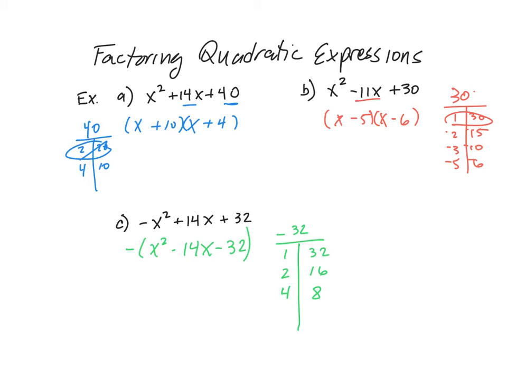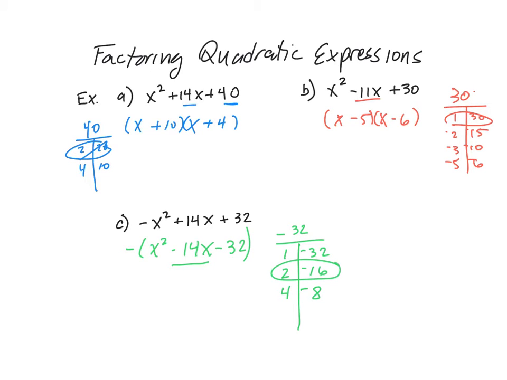Since my middle value is negative, using my integer rules, when I combine a positive and a negative, if the answer is negative, then my larger factor is going to be the negative factor. So negative 32 and 1 is negative 31, negative 16 and 2 is negative 14, and negative 8 and 4 is going to be negative 4.